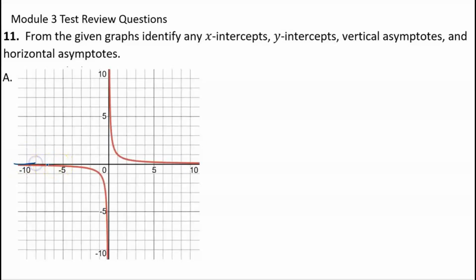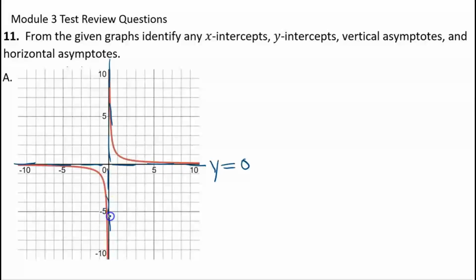So if I put that right on top of my graph, I have a dashed horizontal line right there that the graph approaches. As you go to the right, it approaches 0, and as you go out to the left, it approaches 0. The equation of that line is y equals 0. Remember, horizontal lines are y equals. On the other hand, look, I got a vertical line, the same thing.